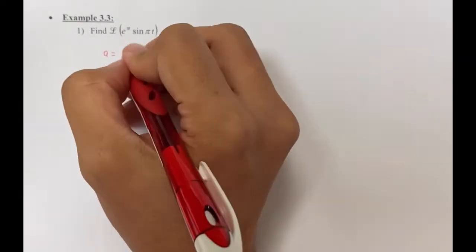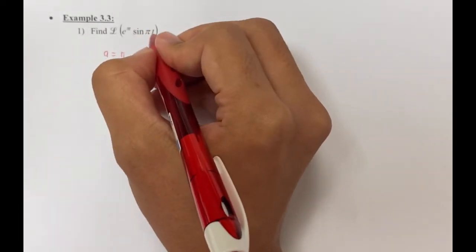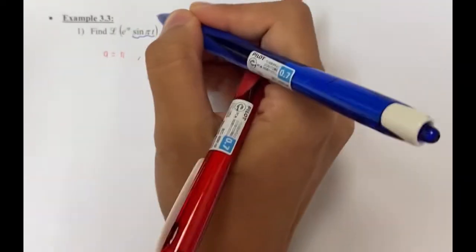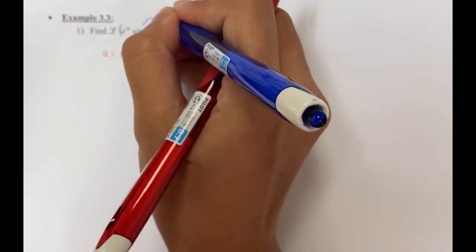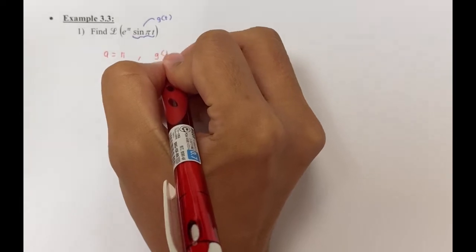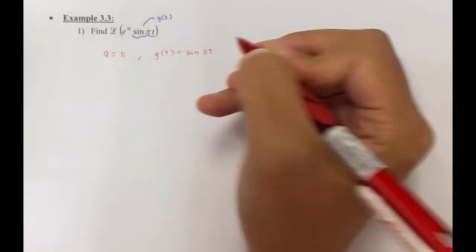So a now is equal to pi. And this is the gt. Okay. So this is the other function. This is gt. So gt is equal to sine pi t.